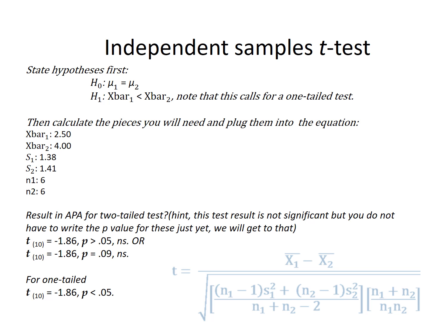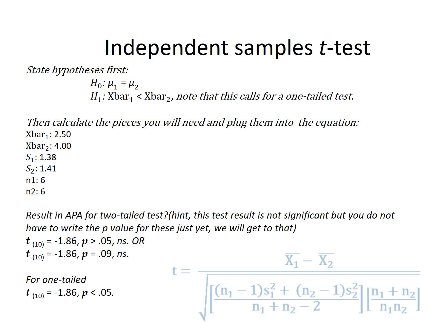The results in APA for a two-tailed test would be written using these components at the end, that is, t of degrees of freedom equals obtained value, comma, then we're going to put whether the result was significant or not. If I compare my critical value in the critical value table to what I've obtained here, I actually find that my value does not exceed the critical value in its absolute value, so when I ignore the negative sign.